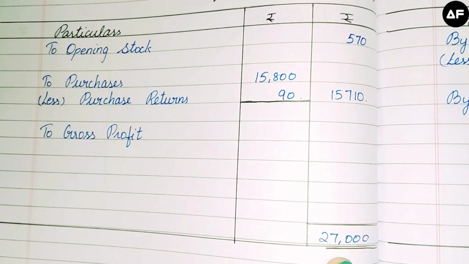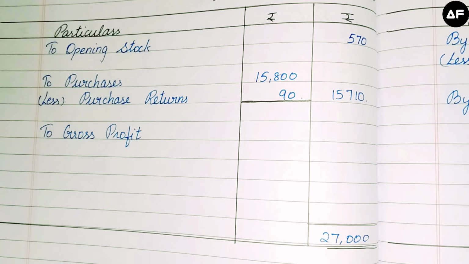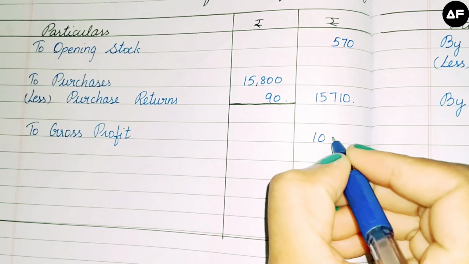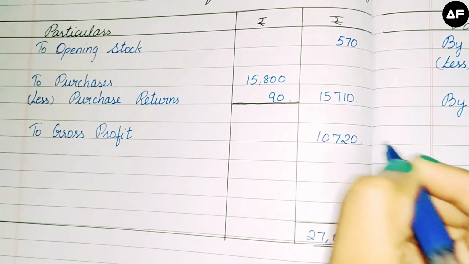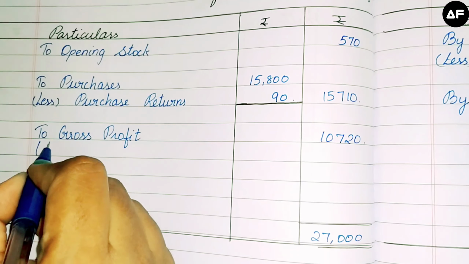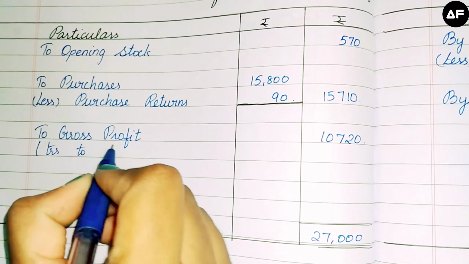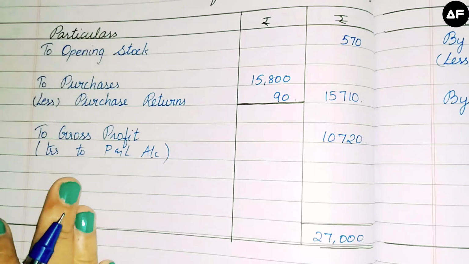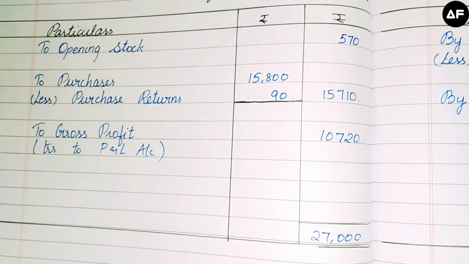So 27,000 minus 16,280 will give me a gross profit of 10,720. Now this gross profit will be transferred to the profit or loss account onto the credit side. So with this, the sum is over.